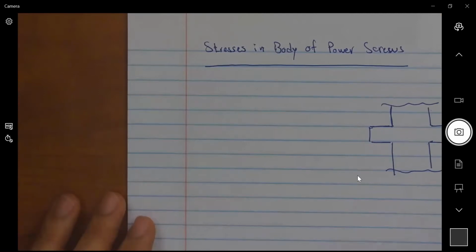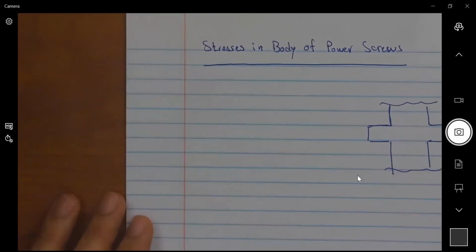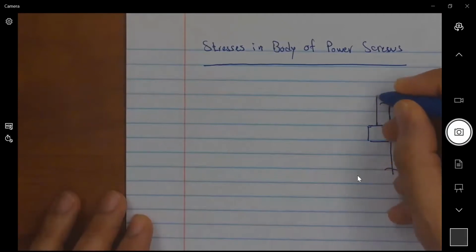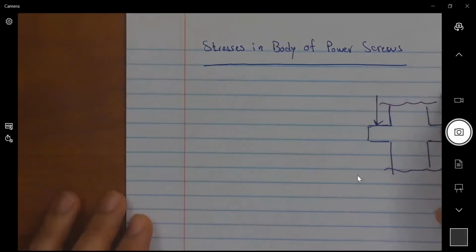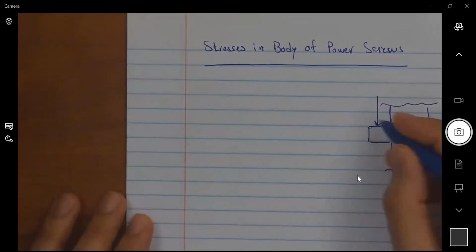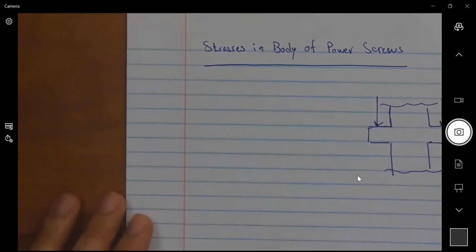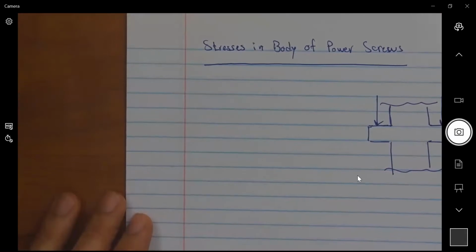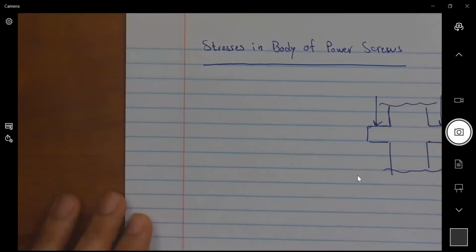Usually there is more than one thread engaged in the nut, but I'm using here a representation of one thread. And this power screw is supporting, or is raising, a force applied on the thread, and the thread is wrapped around the power screw, and this load is exerting a force F.